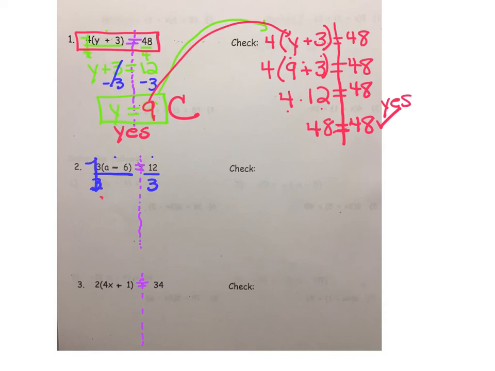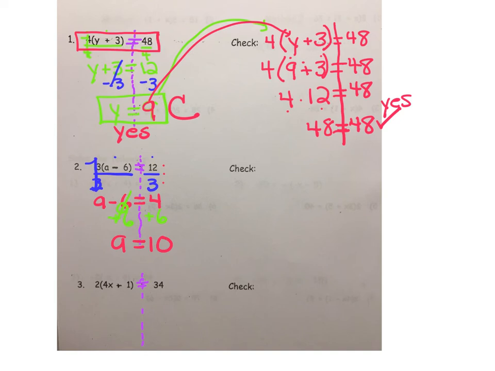We're left with a minus 6 equals 12 divided by 3 is 4. And now we're going to add 6 to both sides. And a equals 10.